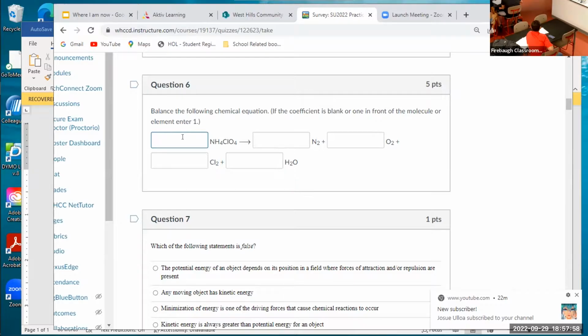Yes, actually, the arrow separates the products from the reactants. Okay. Four, and then on the other side, two, and then one, and then two. 4.